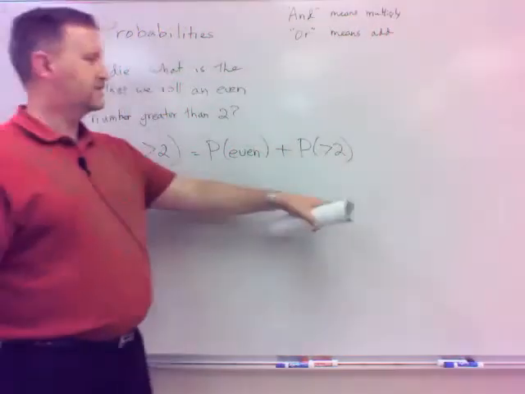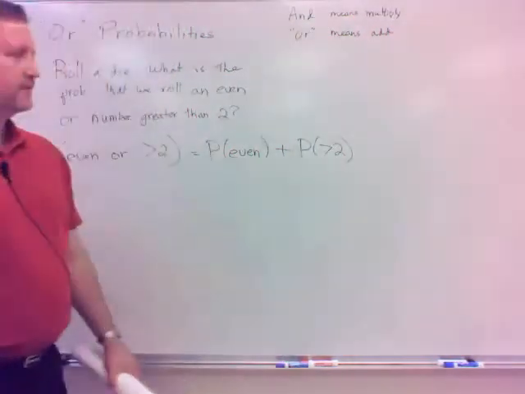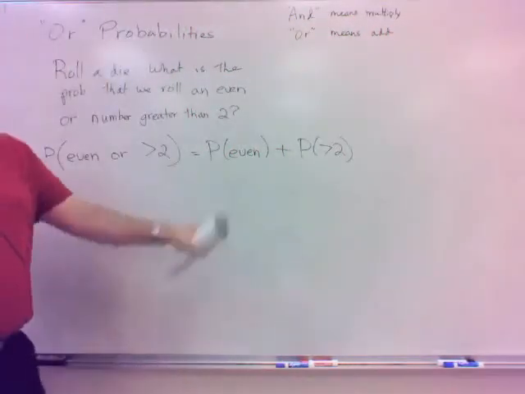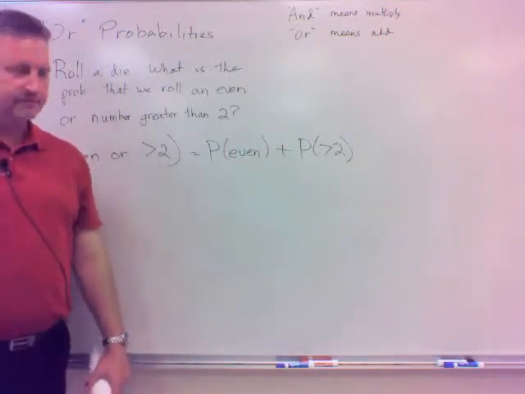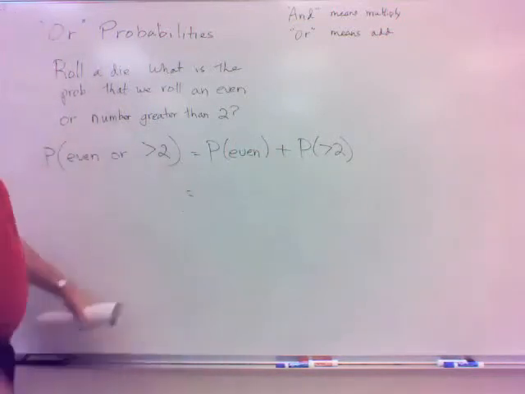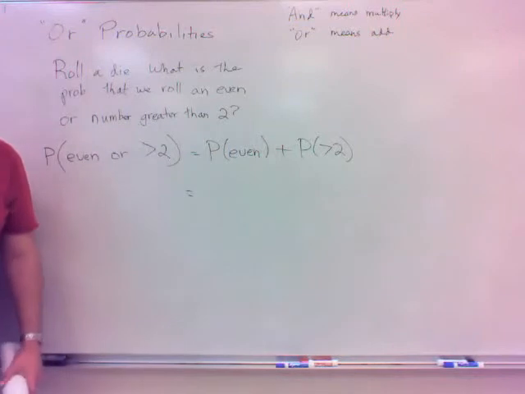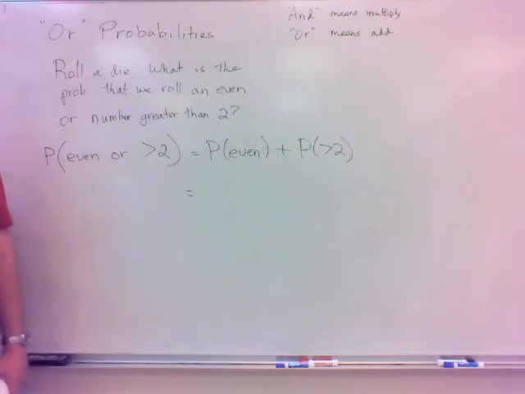Because let's notice something here. If I just do the probability of even plus the probability greater than 2, I run into some problem. The probability that it's even, well, I'm talking about rolling a die, so what's the probability that it's even? Let's do it without reducing it.